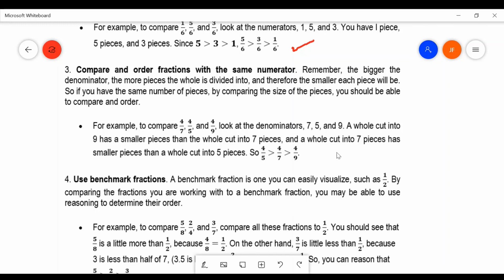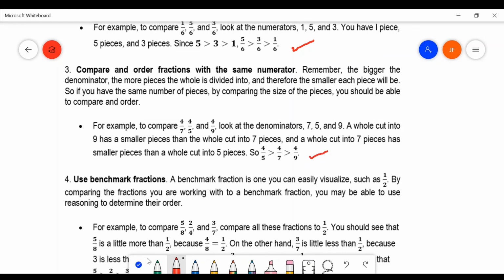And the whole cut into 7 pieces has smaller pieces than the whole cut into 5 pieces. So 4/5 is greater than 4/7, greater than 4/9. Okay, no error here, this is correct.